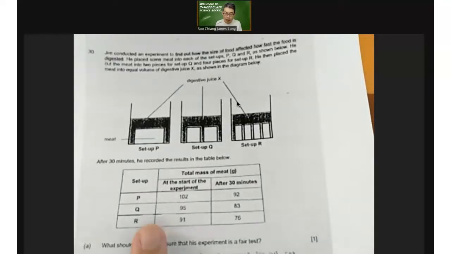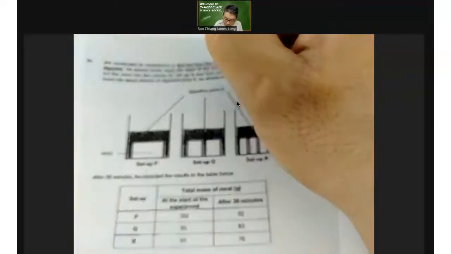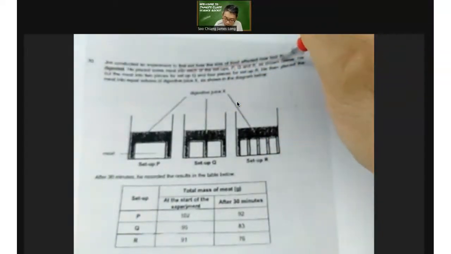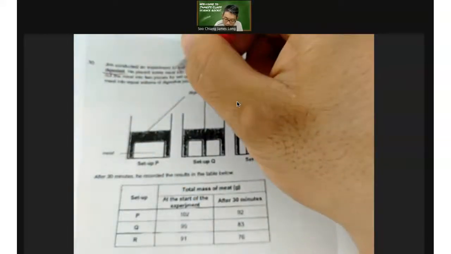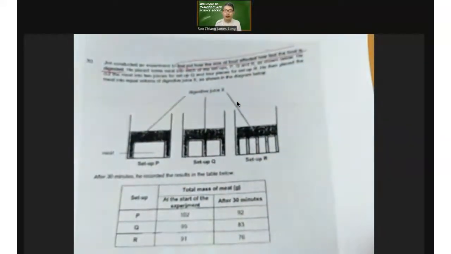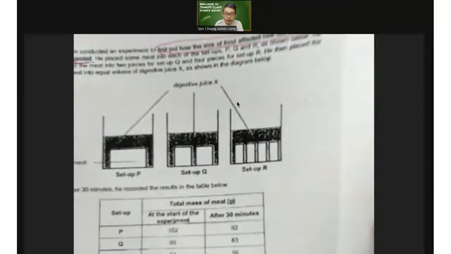Alright. At the start of the experiment, the mass of the meat was like this. So the mass of meat wasn't exactly the same at the start. After 30 minutes, they all decrease. Now, since the purpose is to find out how the size of the food affected how fast the food is digested, the only difference should be the size of the food, right?